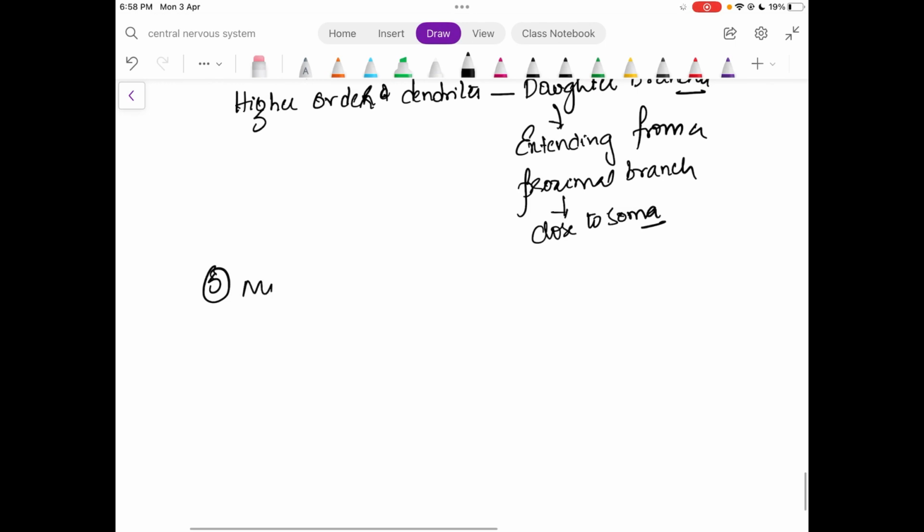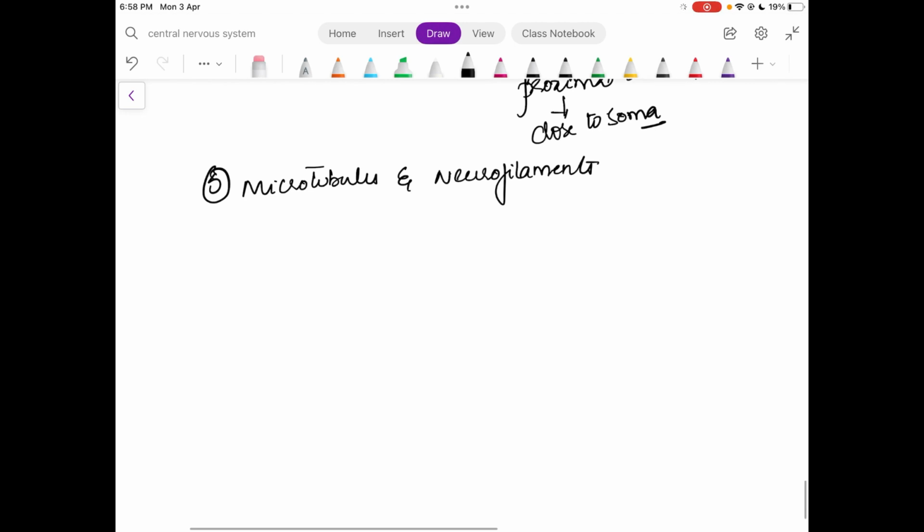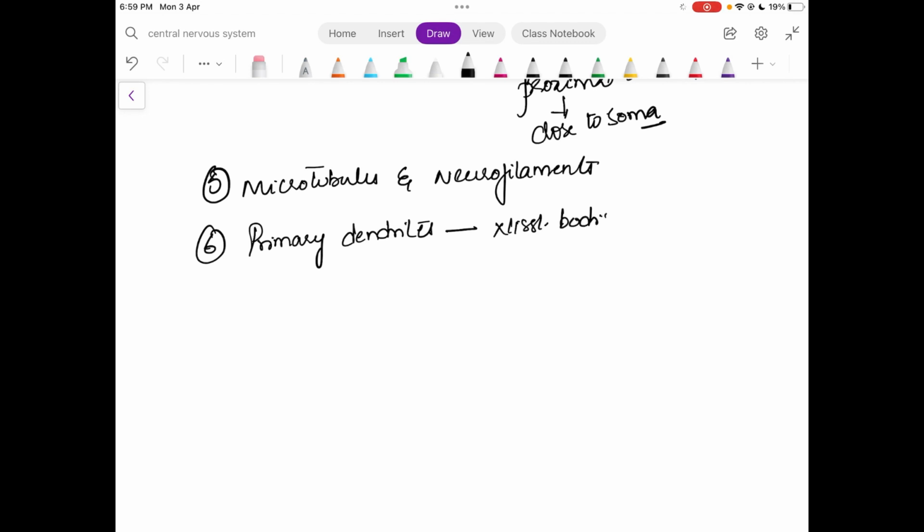And these dendrites will have microtubules and neurofilaments, and primary dendrites which are close to soma, which are directly arising from the soma, that is the cell body, will have Nissl bodies and they will have Golgi apparatus.